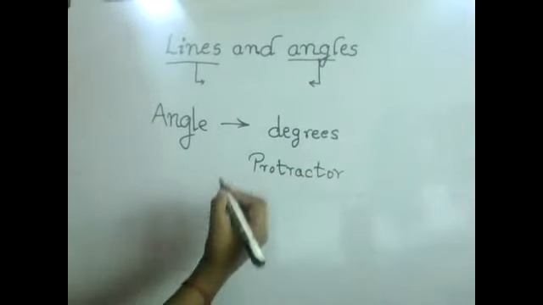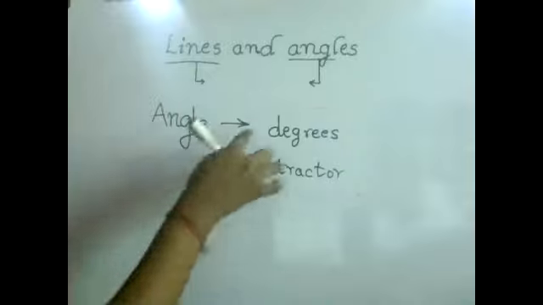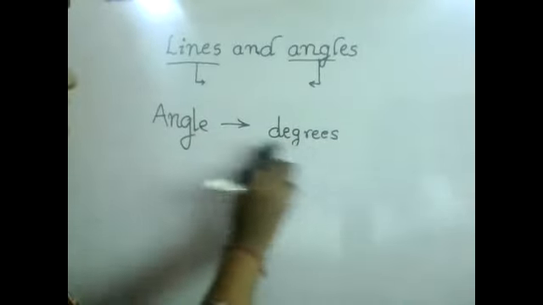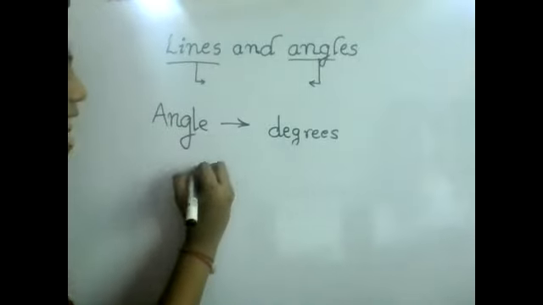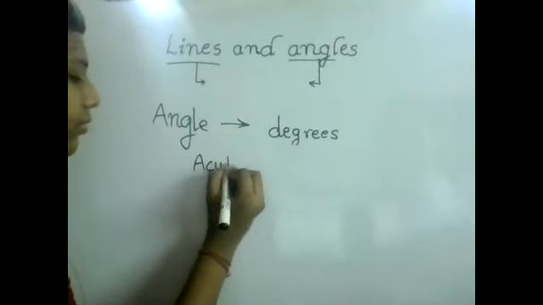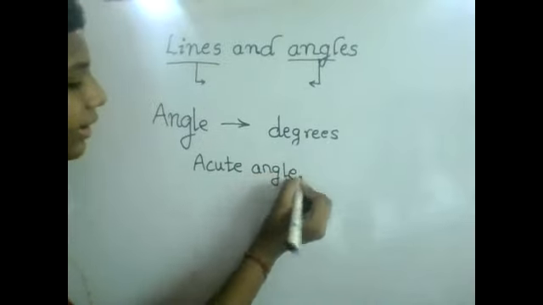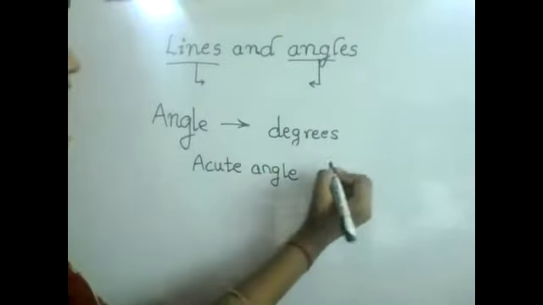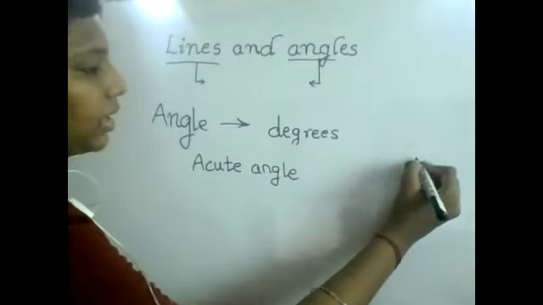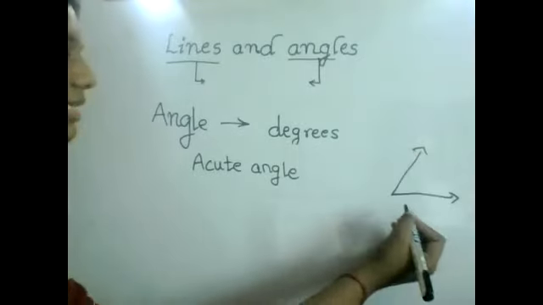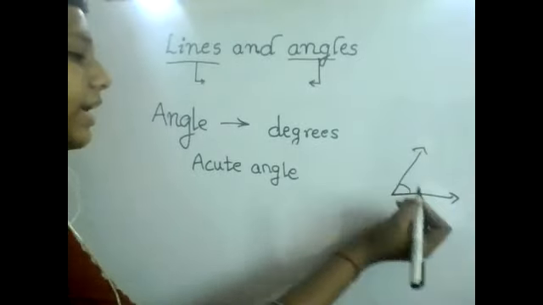Based on the degrees, angles are classified into many types. The first type is the acute angle. What is an acute angle? An acute angle is when the angle between the two rays is less than 90.